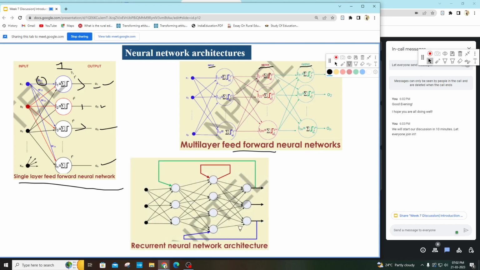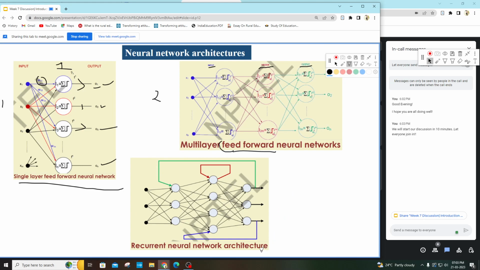The third type of neural network is known as the recurrent neural network. It is similar to the multi-layer feed forward neural network. The only difference is that in the first and second cases, the information only travels in the forward direction, but this does not hold in the third case. Here the information also travels in the backward direction. You can see the information from this input is going to here, but after this, the information travels back to here.